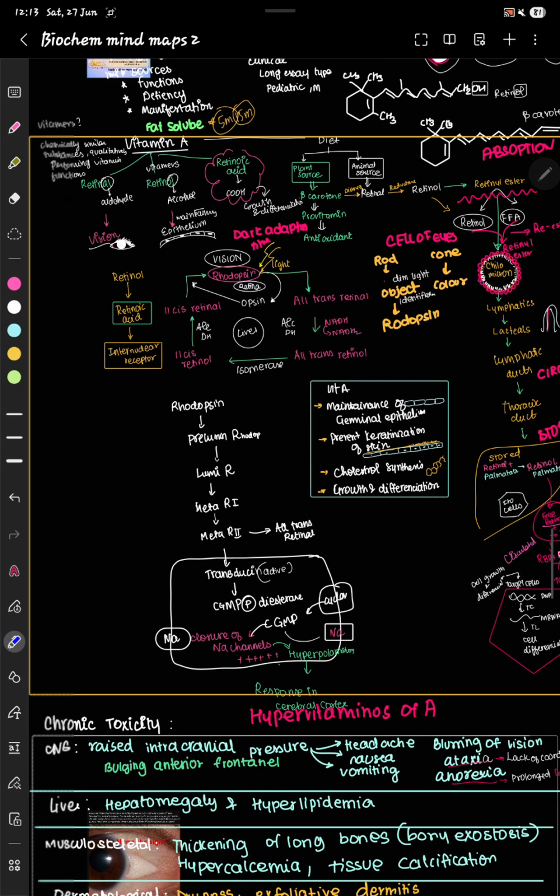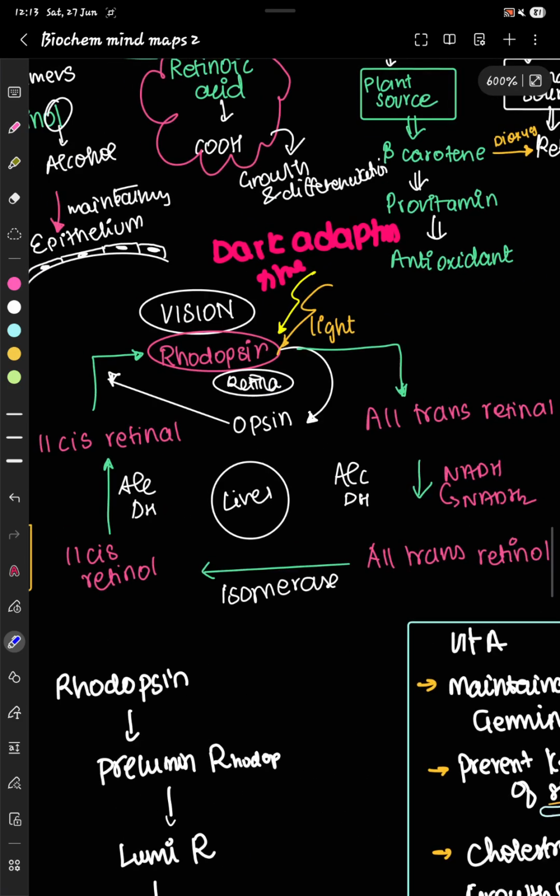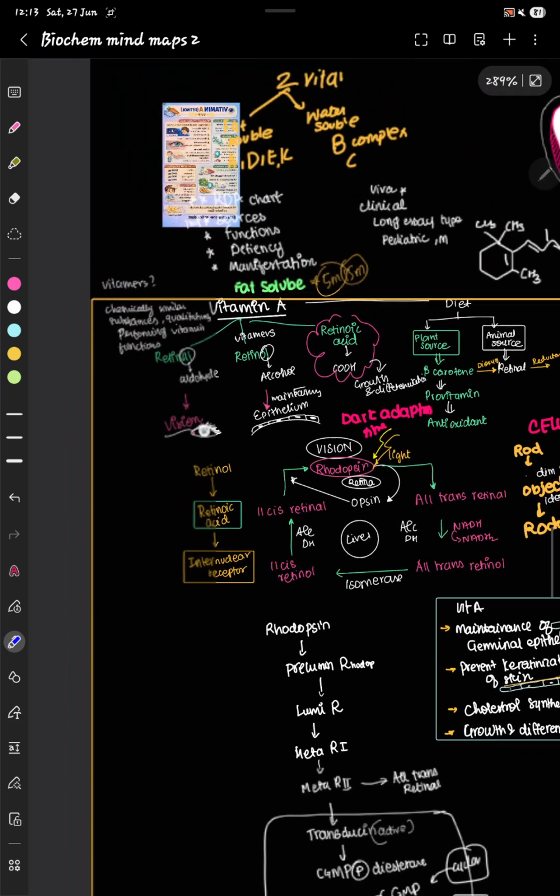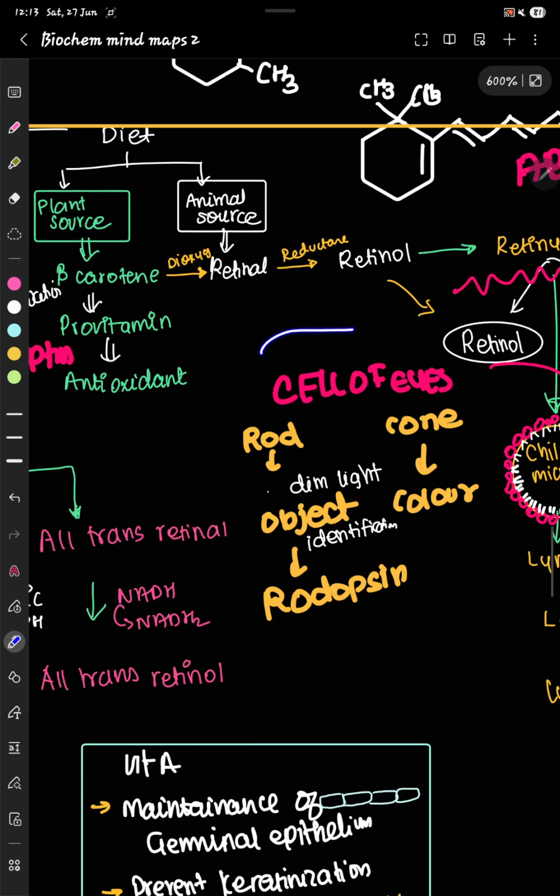Now let us deeply learn about the important function of vitamin A, and that is why every mom says eat carrots. That's to prevent night blindness. Now, what do we have in our eyes? Eyes contain two beautiful cells called rod cells and cone cells. These rod cells help us identify things in dim light, and these cone cells help us identify colors.